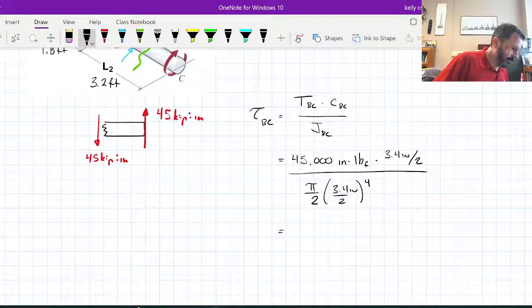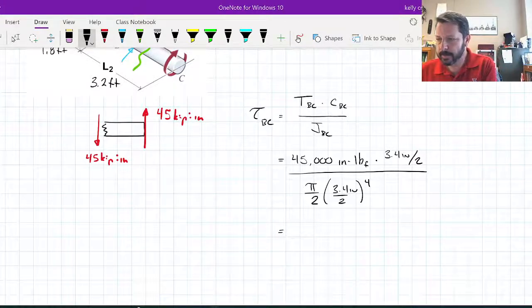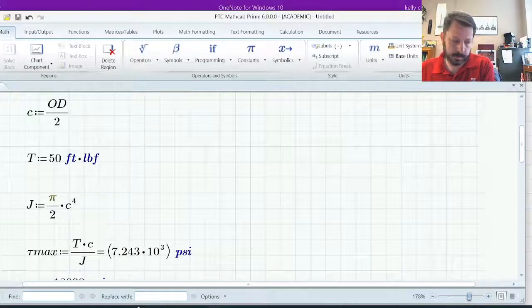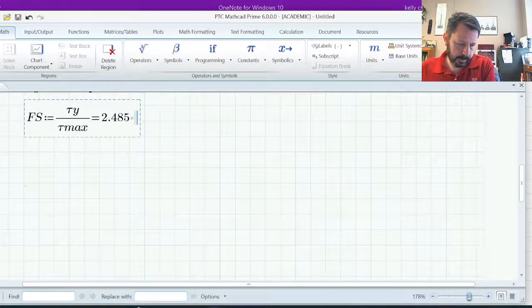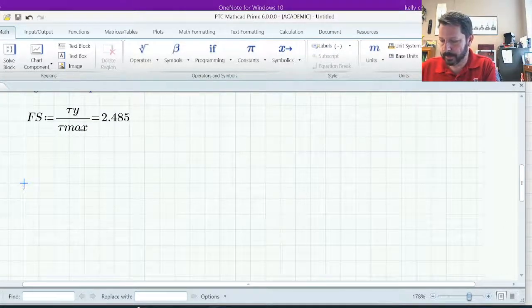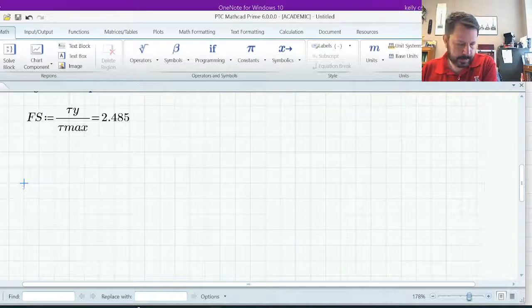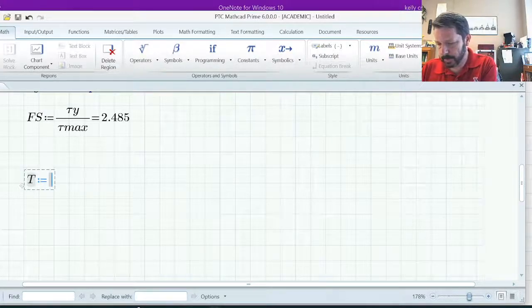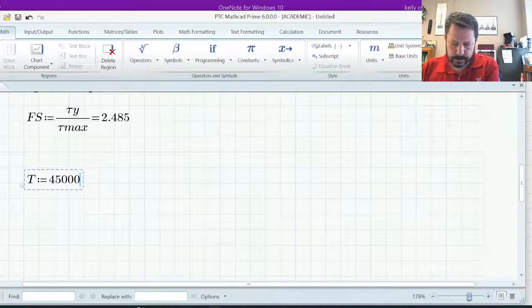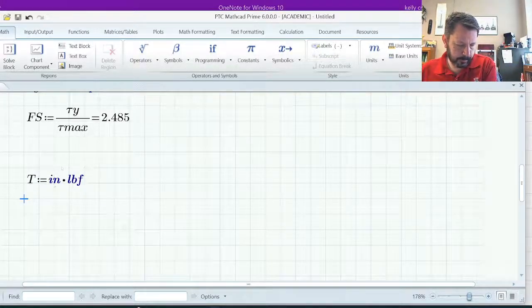Let's just open up MathCAD and put this equation in there. T is now equal to 45,000 inch-pounds.